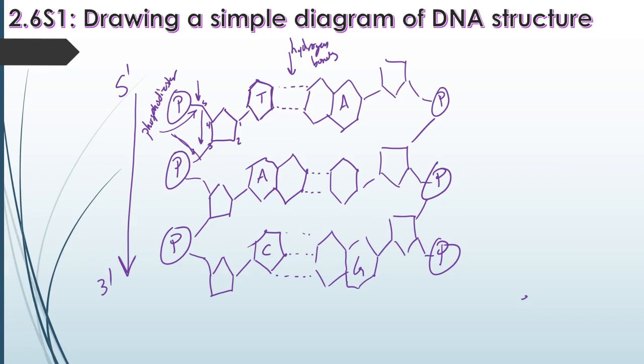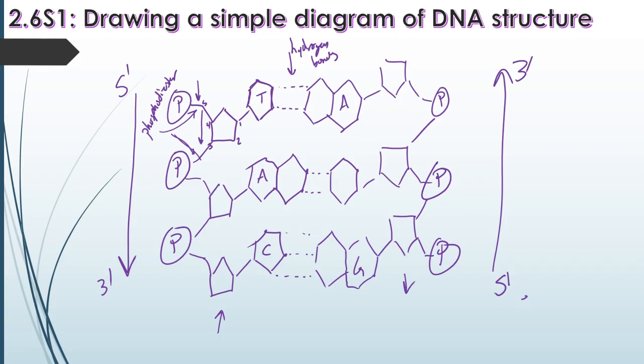Notice that this one is running 5' to 3'. Notice on our left, our little pentose are facing up, and on this side, our pentose are facing down.